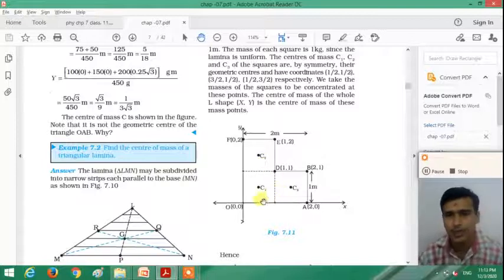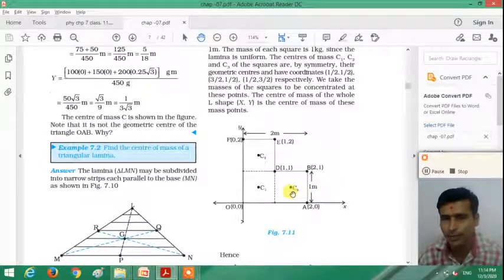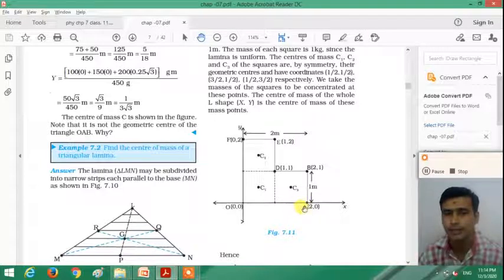So here R1 is equal to, at C1 we take this dimension as 1 meter, right? So half of this 1 meter is 0.5, and the x coordinate of C1 is 0.5 and the y coordinate of C1 is 0.5. So we get R1 (0.5, 0.5). Second, the coordinates of the center of mass C2: we take 1 plus 0.5, that is 1.5.